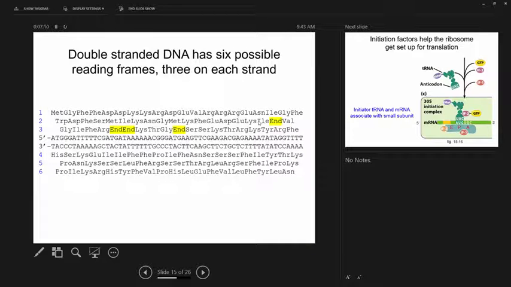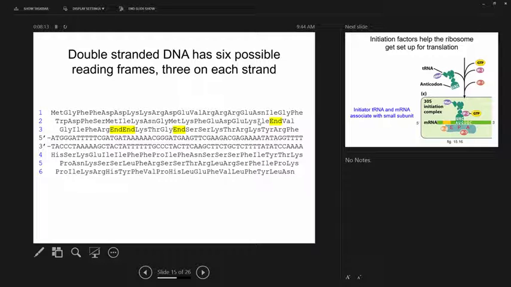Amazingly, none of these have any stop codons in them, which is kind of surprising. However, none of them code for the actual protein either, so it will be junk. So there are 6 possible reading frames, 3 on one strand and 3 on the other strand, and it's a big job for the ribosome to figure out where to start.